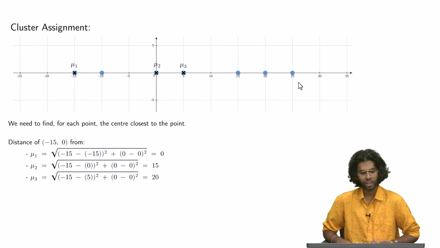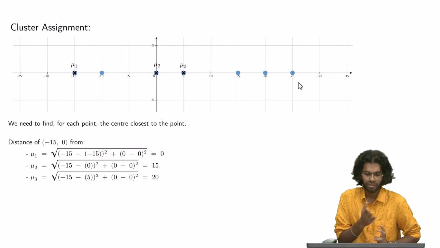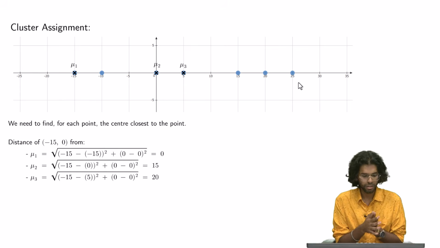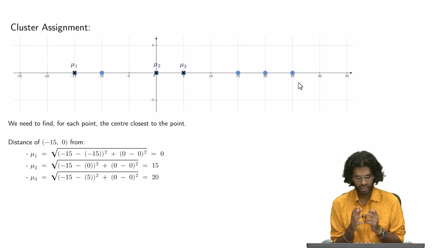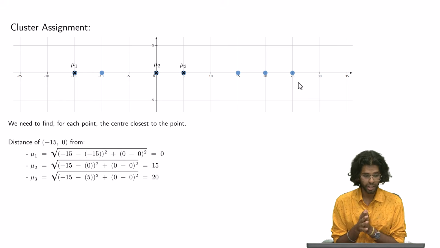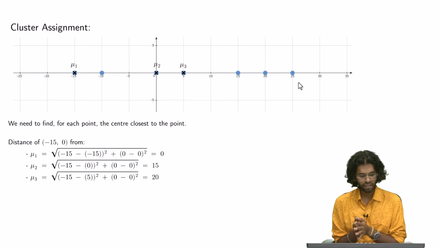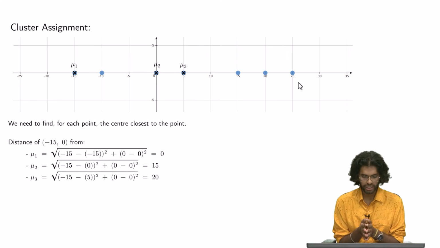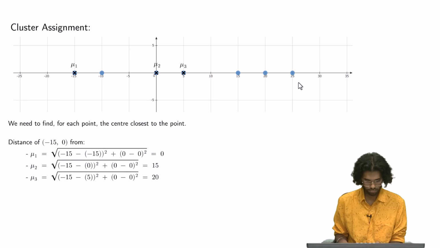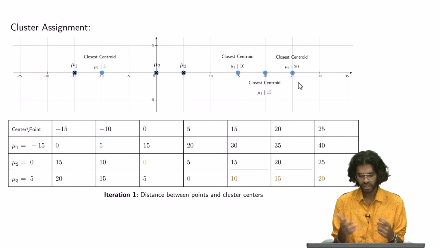We need to find, for each data point, the distance to the closest cluster. For example, we take minus 15 as our data point. We find the distances from minus 15 to mu1, mu2, and mu3, and these are 0, 15, and 20 respectively. Therefore, minus 15 is assigned to the cluster of mu1, and we repeat this across all the points.